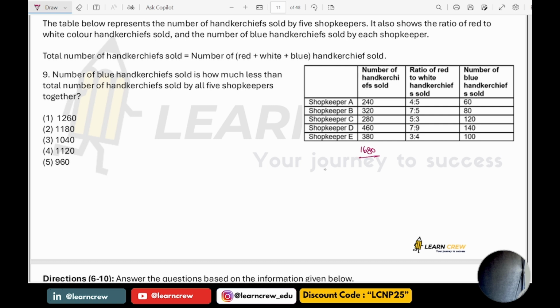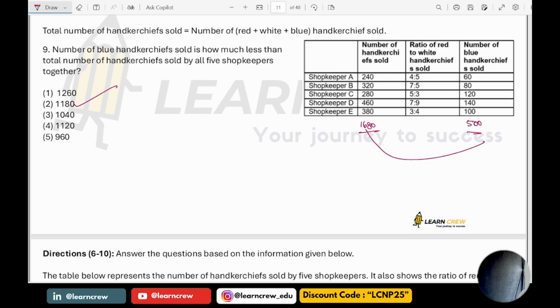Number of blue handkerchiefs sold is how much here? 500. Yes, 60 plus 80, 140 plus 120, 260 plus 140, 400 plus 100, 500. So this 1680, this value is less than this value by how much? 1180. So answer is 1180. What is the difference of these two?